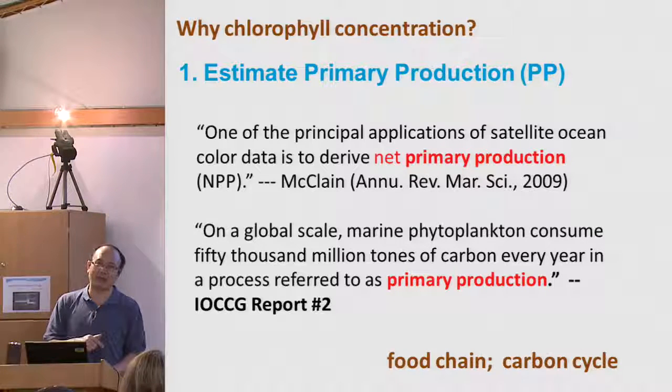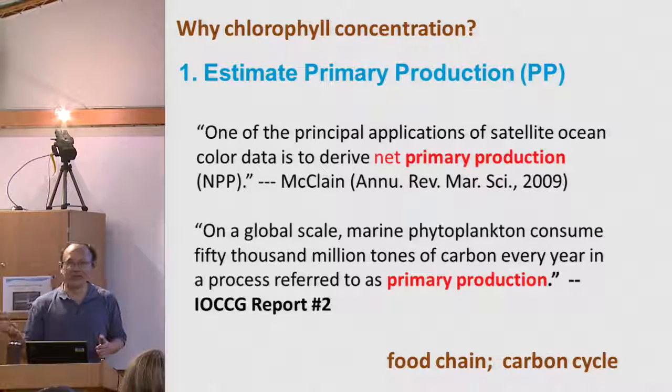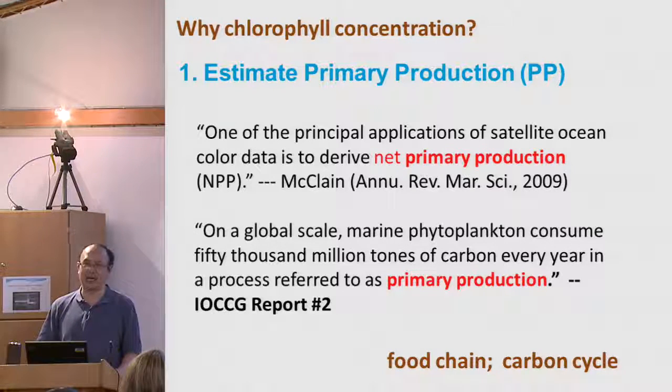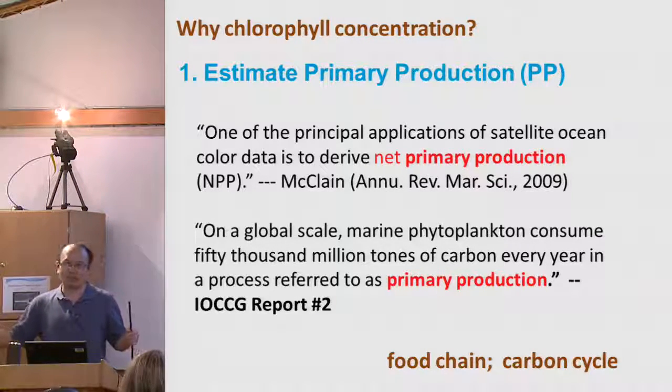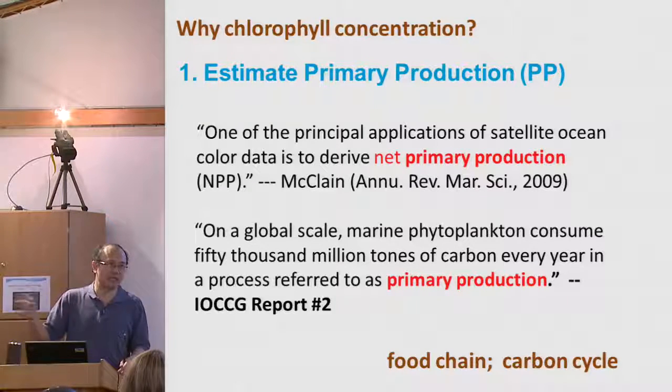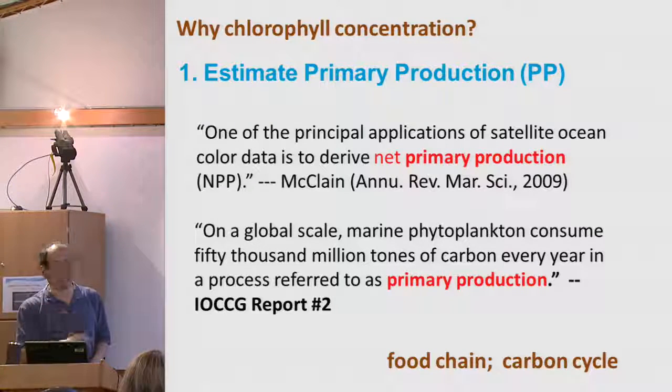This can trace back all the way to the 1930s, 1950s. Especially after 1960, after Yentsch invented that instrument or approach to quickly measure chlorophyll concentration using fluorescence. Then bingo, as long as we can measure chlorophyll, then we can get primary production.